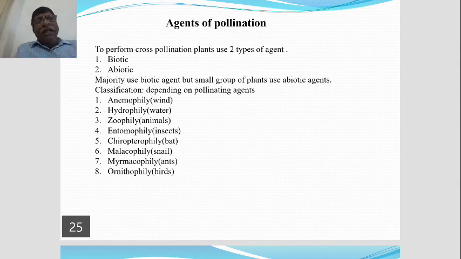So now this classification is based on the type of agent. So we shall have another type of classification for pollination. Pollination may be classified depending upon the pollinating agent. So pollination is classified as follows.